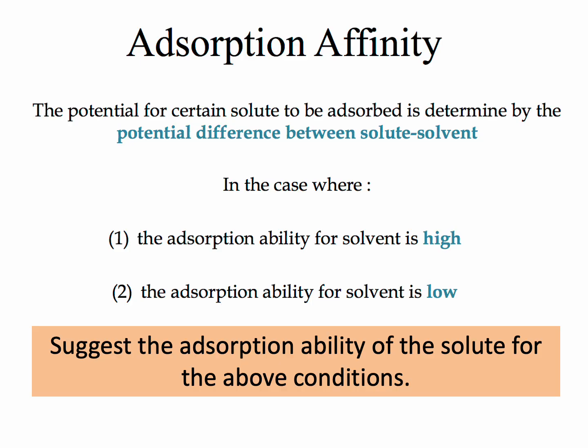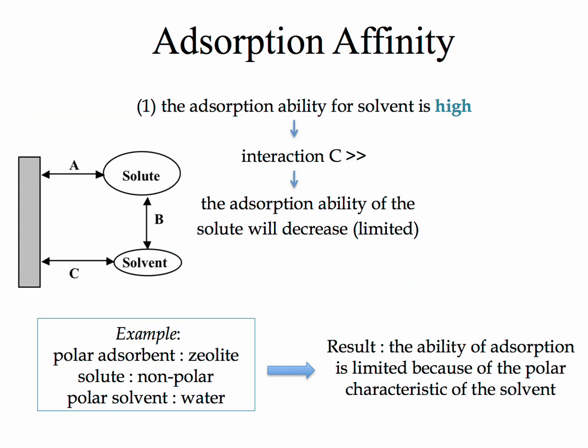This allows the solute molecules to occupy the absorption site more easily, and therefore the absorption of the solute will be higher. So the key point here is that absorption depends on competition between solute and solvent, and the one with the stronger interaction with the surface will dominate the absorption process.